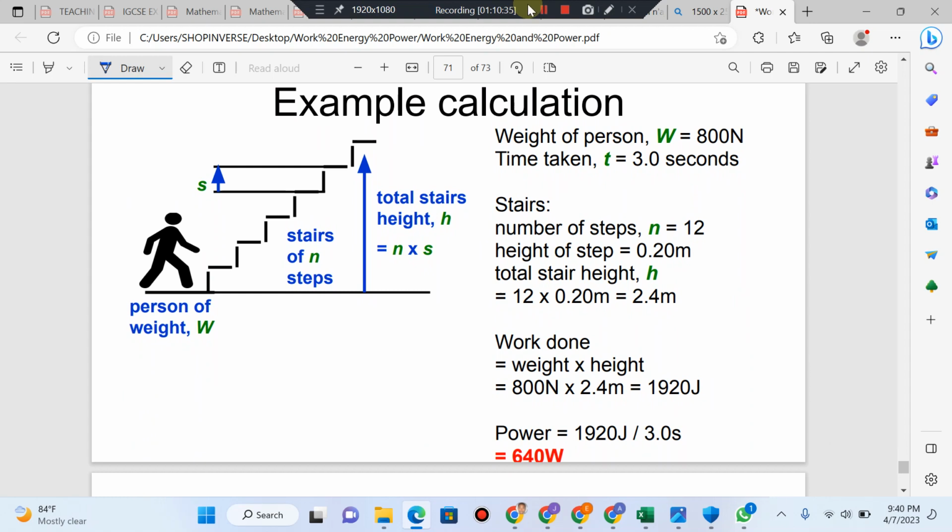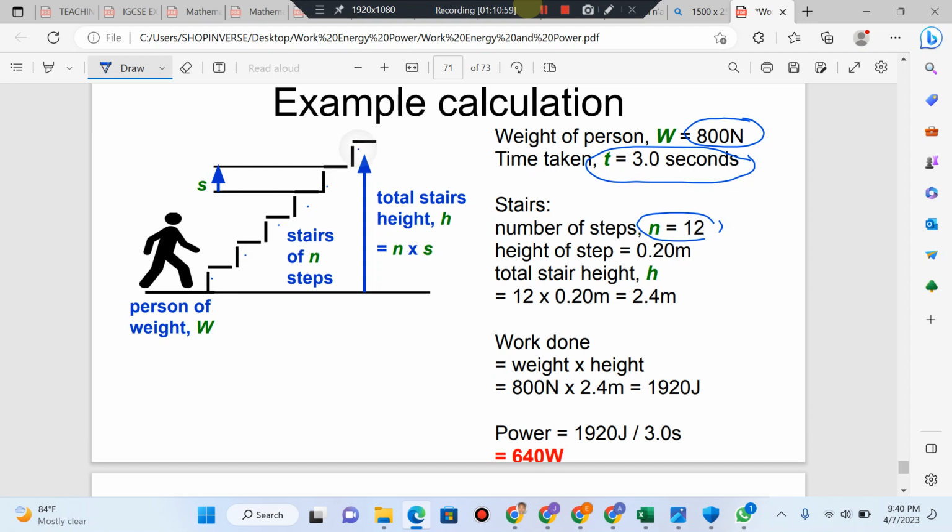I'm not going to do this because we've done so many examples like this. The question is not given, it's just a walkthrough for you to understand the steps I took in the example. Now look at this: let the weight of the person be 800 Newton and the time taken to climb all the stairs is 3 seconds. Now, the number of stairs is 12.